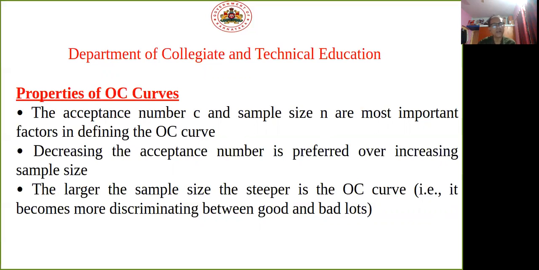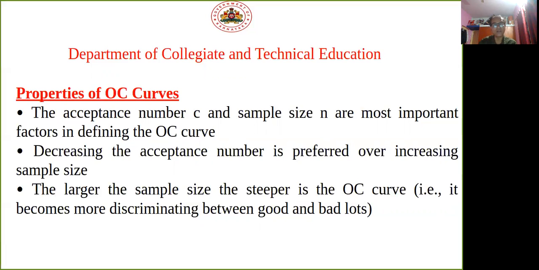As I've told you in the previous unit, the OC curve can be defined by means of four factors: capital N, that is the lot size, small n, that is the sample size, the acceptance number, the producer's risk, and the customer's risk.